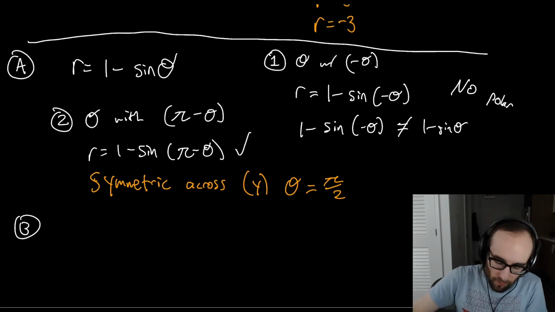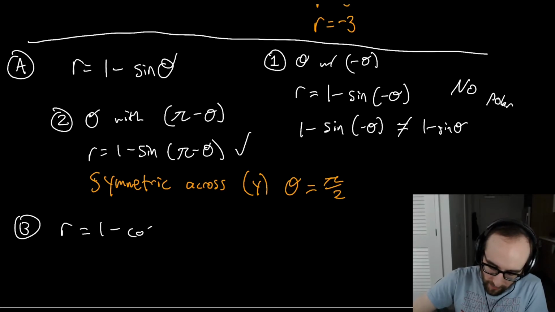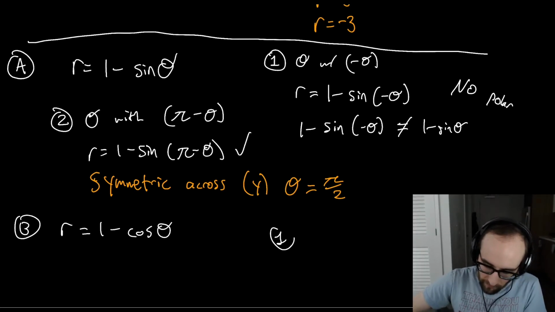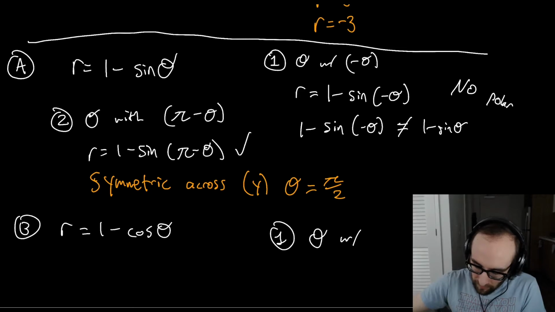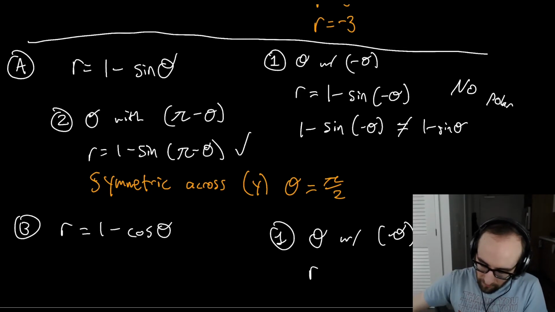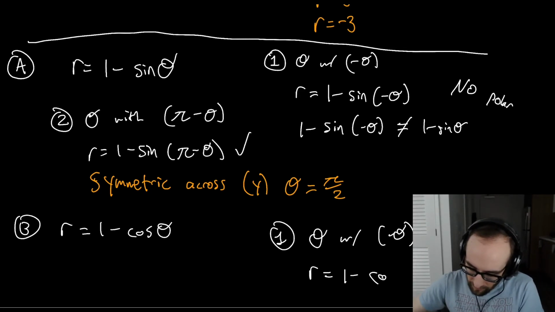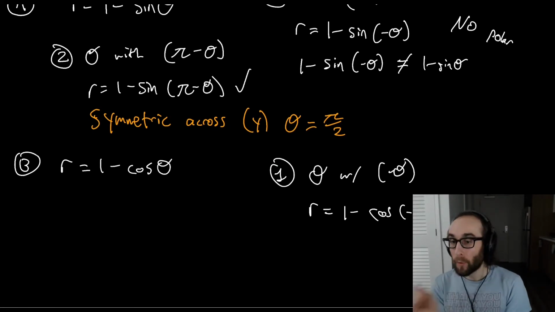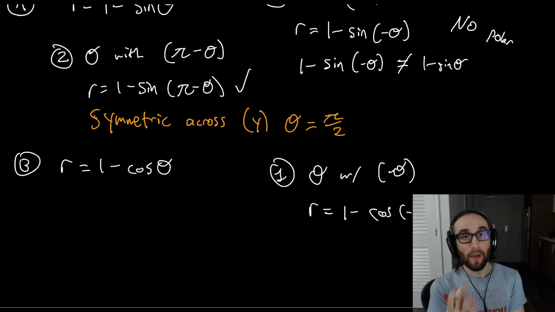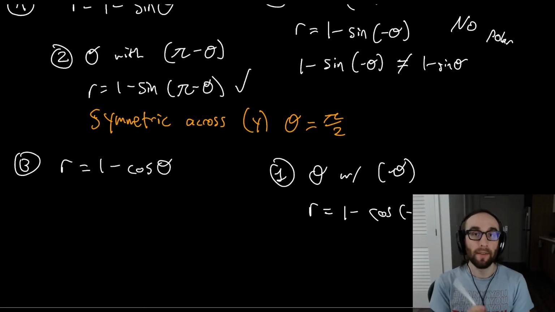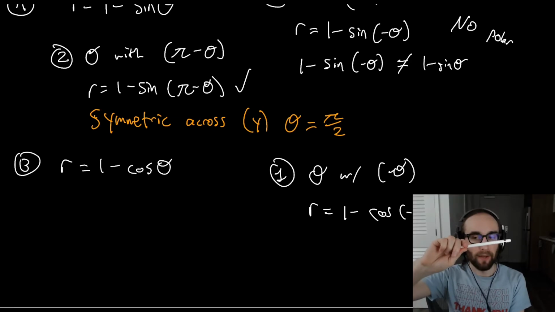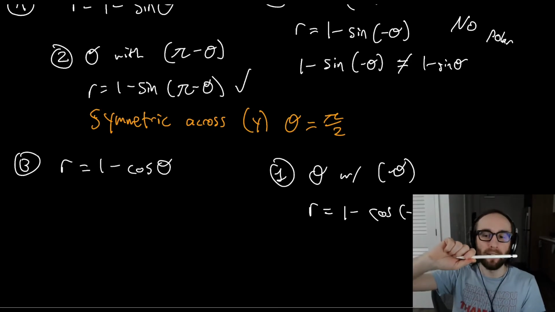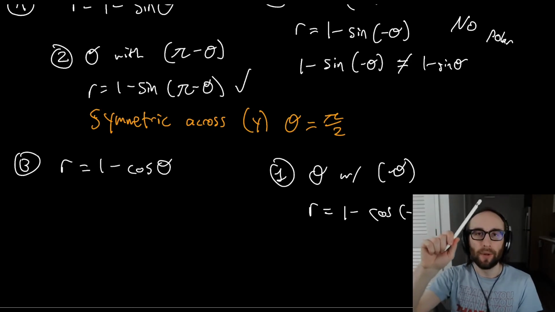One more quick example. If we had r equals 1 minus cosine theta, and we were to check this replacing theta with negative theta, again, we would have r equals 1 minus cosine of negative theta. And here, thinking about our even and odd properties, cosine of negative theta does give us the exact same value as cosine of theta. That's because if we take cosine of pi over 4, we would get root 2 over 2.